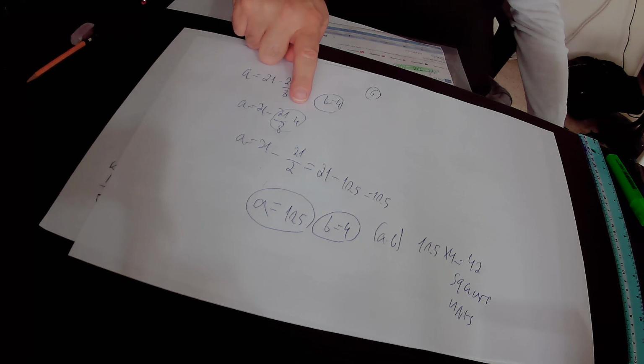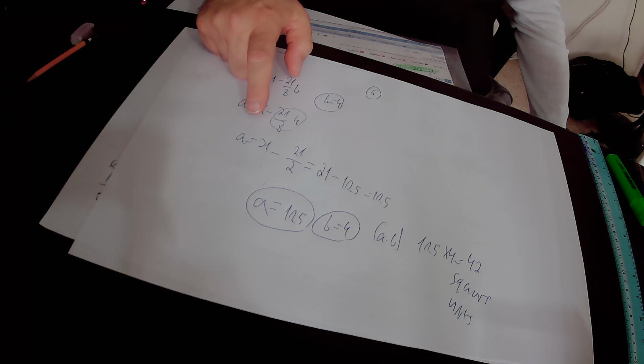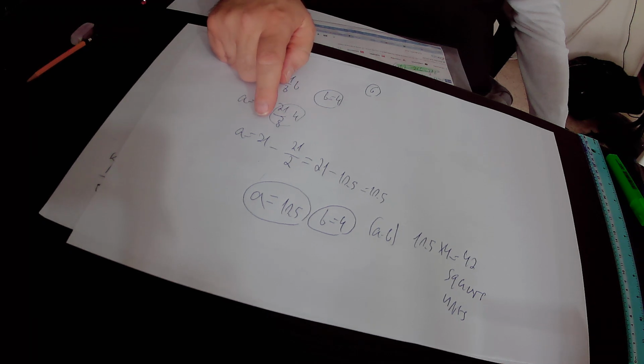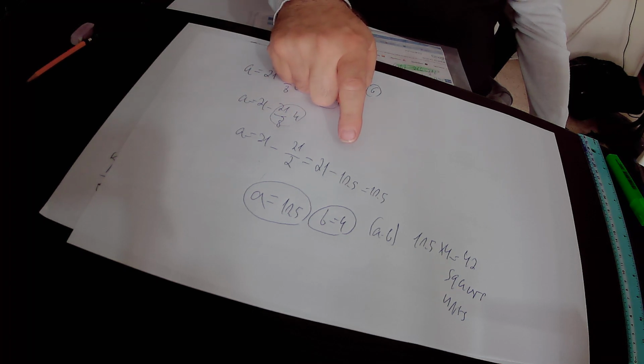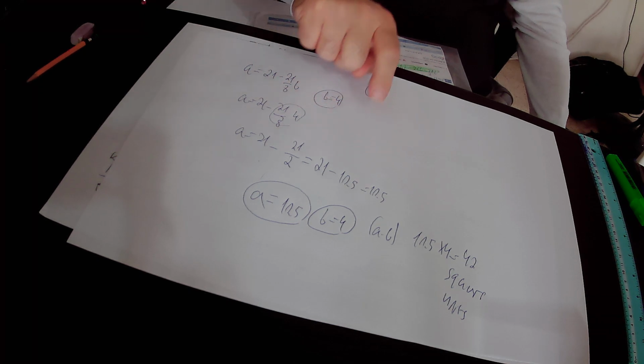Here we divided both the numerator and the denominator of this expression by 4, and 4 over 4 is 1, so in the numerator we are left only with 21, and 8 over 4 is 2. So the length a of rectangle PQST when b equals 4 is 21 minus 21 over 2. 21 over 2 is 10.5. So the length a equals 21 minus 10.5, that is 10.5.